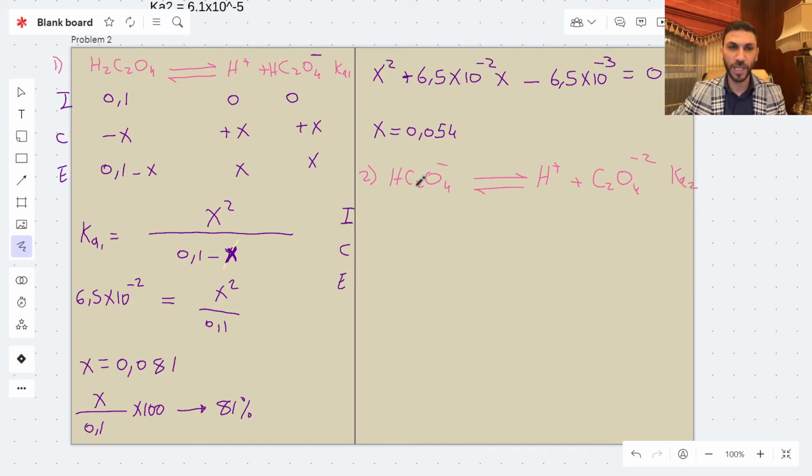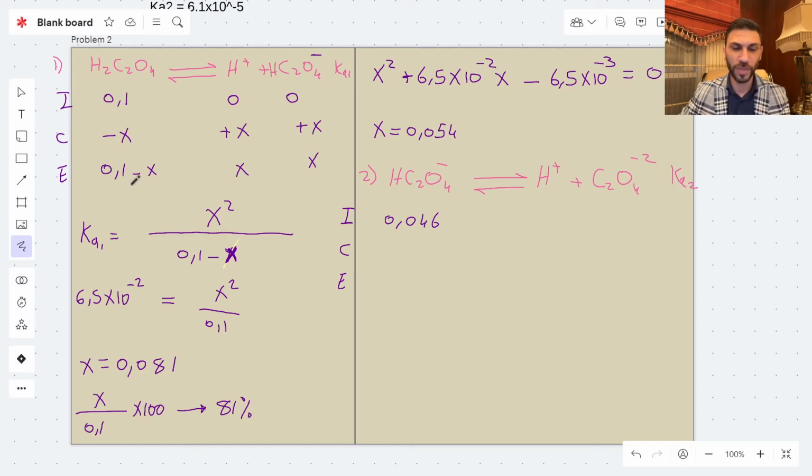Here, you need the initial concentration. The concentration of HC2O4 negative is 0.1 minus x. So it's going to be 0.1 minus 0.054, which equals 0.046, because this is at the equilibrium.